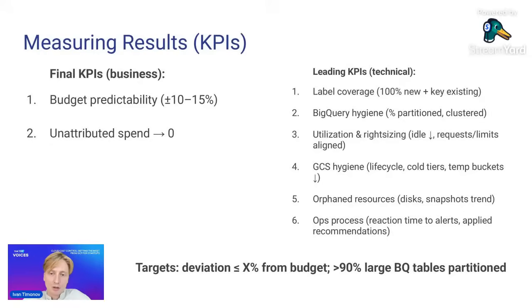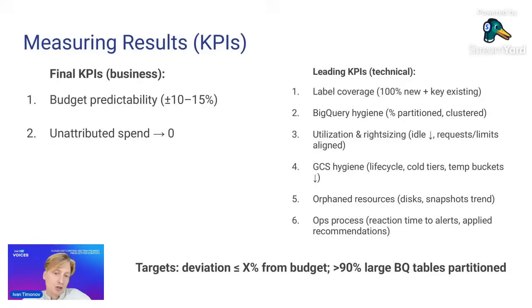BigQuery hygiene, percentage of tables with partitioning, percentage with clustering, where it speeds up our selects. Utilization and right sizing for Google Kubernetes Engine and Compute. Fewer idle hours, percentage of pods with their requests and limits aligned with GCP recommendations.